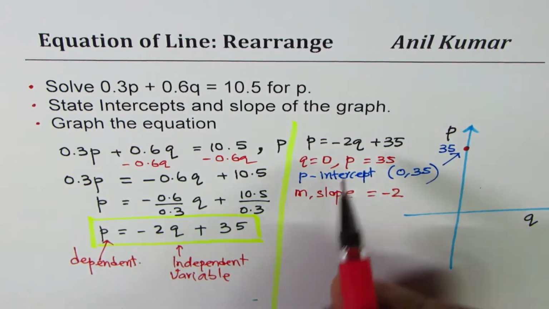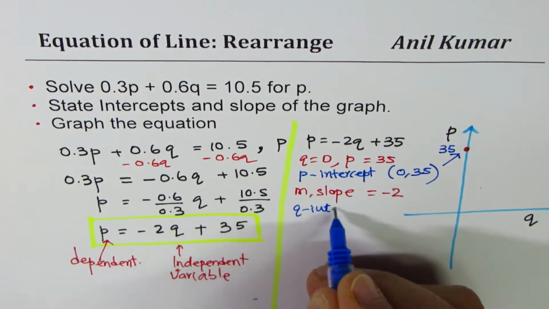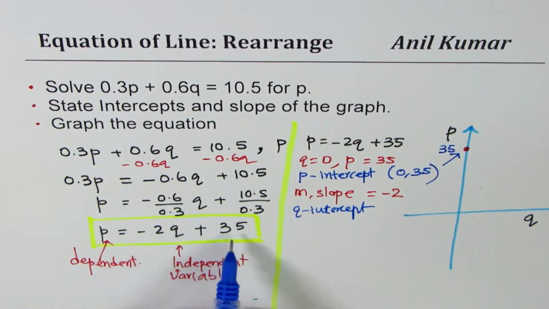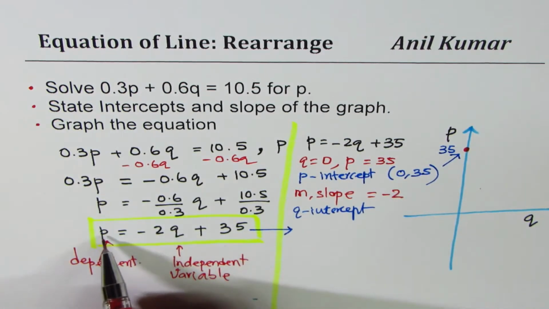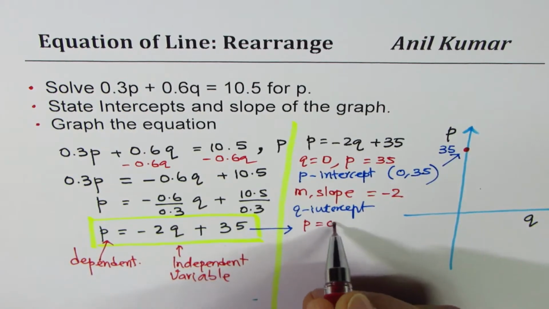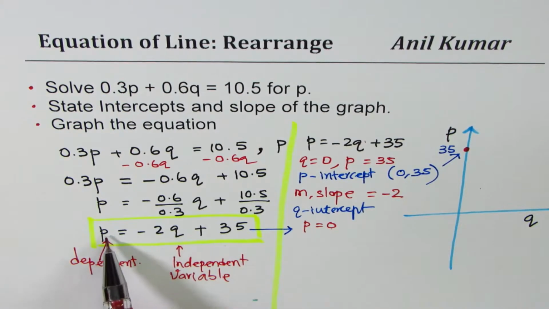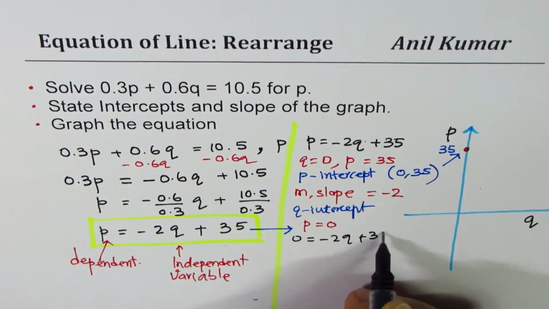To find the q-intercept, there could be many different ways. We could work with this equation, which is right there. To find the q-intercept, I will substitute p as 0. If I equate p to 0, what do I get? I get 0 equals minus 2q plus 35.